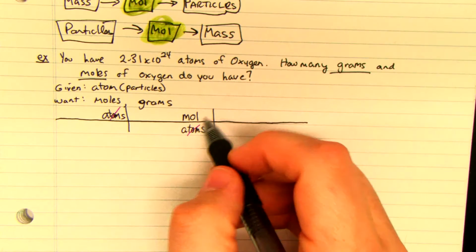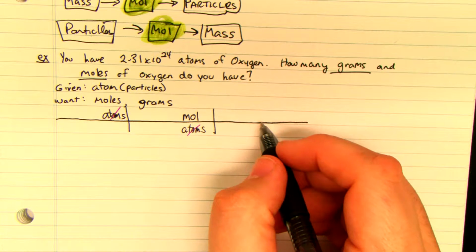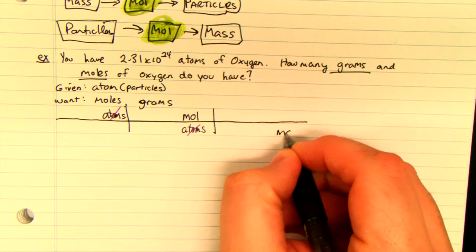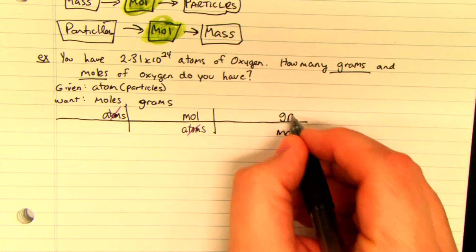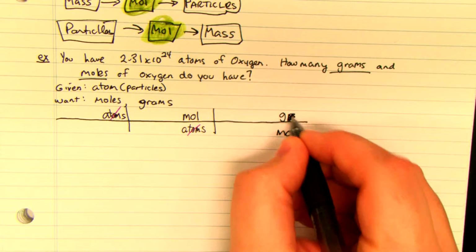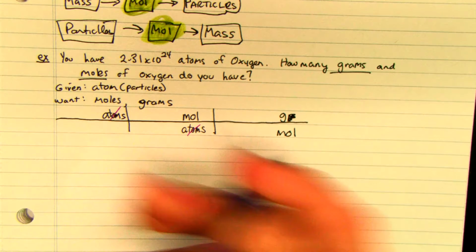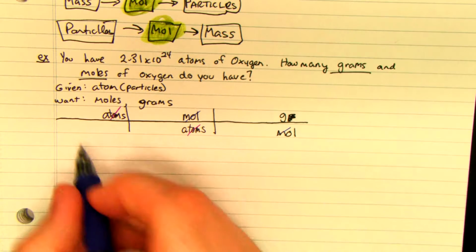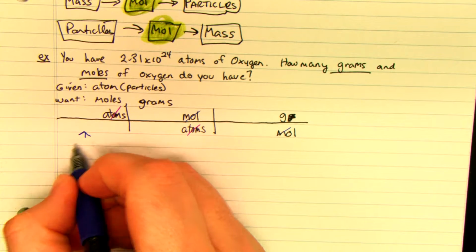So now, where do I want to get to from moles? To grams. So I want to go moles to grams. I don't need to put a GR there. And then the moles end up dividing themselves out. Now this part right here is the given.